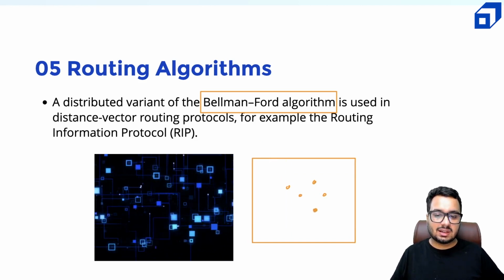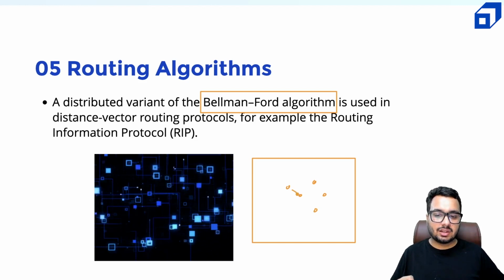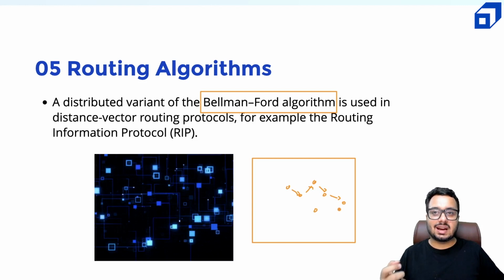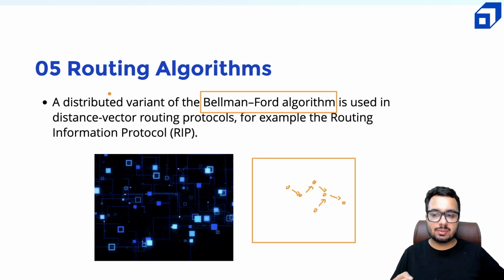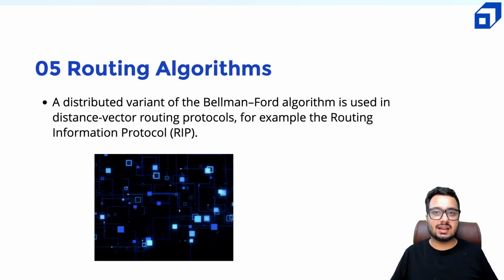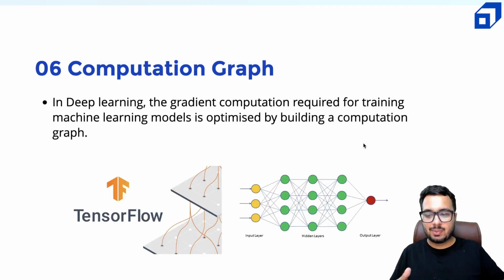And these routers are continuously exchanging data packets. So which data packet should go where, and what is the shortest time in which it can reach the desired location? All this routing is done using a distributed version of the Bellman-Ford algorithm, which is again a very interesting algorithm in itself.